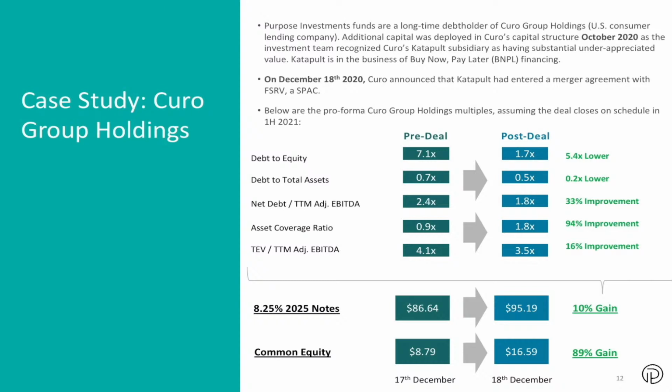There have been a couple of cases already where we've had winners from SPACs. One is Curo Group Holdings, whose subsidiary is being acquired by a SPAC this year, and that's been announced. The day after the announcement, the bonds that we held were up 10%. The company's common equity was up 89%, and really it's because the equity capital has made its way into Curo by buying its subsidiary.